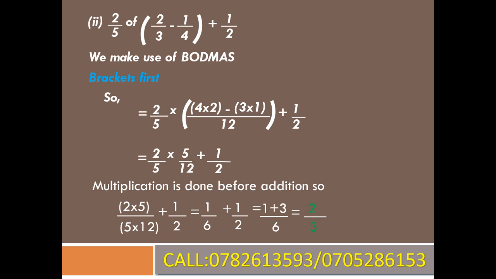So realize that once you have more than one operation, then the BODMAS must apply. If I have only addition and subtraction, I simply get the LCM and multiply and compute. If I have of, I have addition, I have division, I have multiplication, I have subtraction, then I'll make use of the BODMAS.